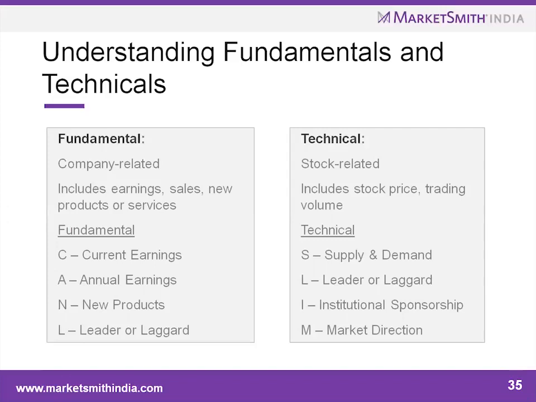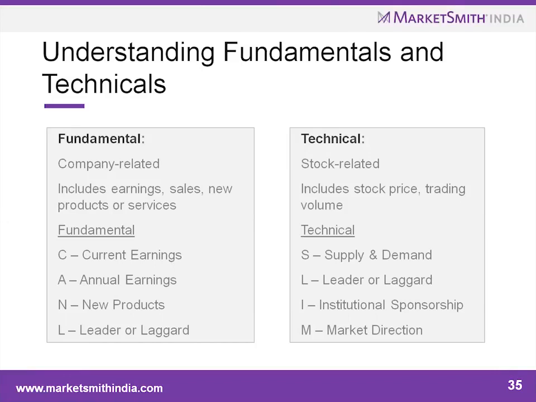And now I would like to tell you about the fundamentals and technicals. What all is important when you look at the fundamentals of a company, and how CanSlim is segregated between fundamentals and technicals. It's 80% fundamentals and 20% technicals.